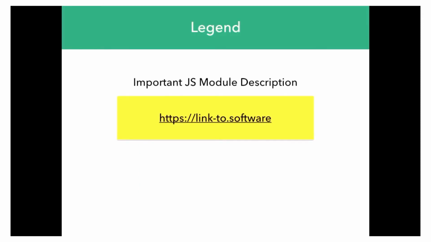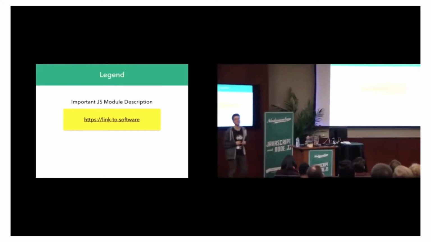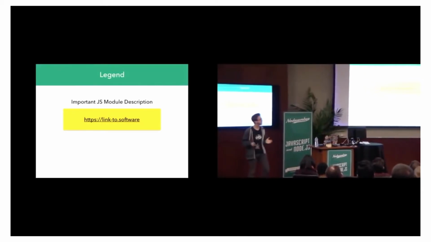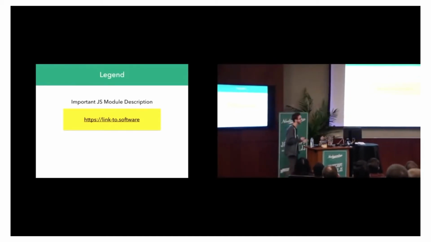Okay, so I'm going to have a little legend of how I'm showing stuff. So I'll have a yellow box and link to software. Software is now a top-level domain. Whoever came up with the idea that .coffee and .software and all this other crap should be top-level domains, that is awful. Never do that. That's why? I don't know.